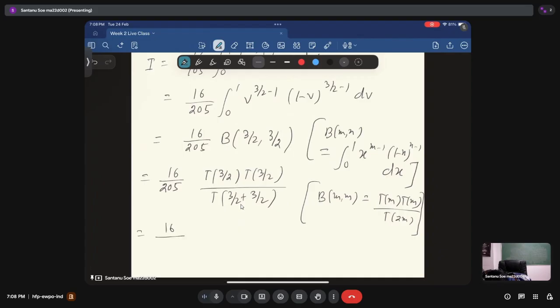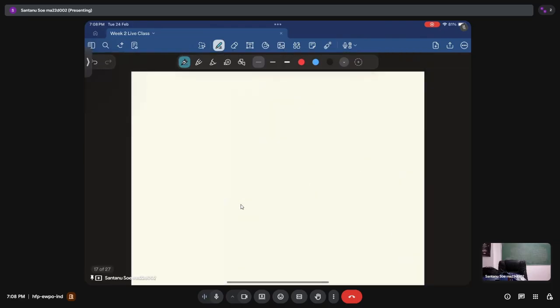So this is going to be 16 divided by 105 and gamma of 3/2 whole square, and this is going to be gamma of 3, correct? We know that gamma of 3/2 is just root pi by 2, correct?